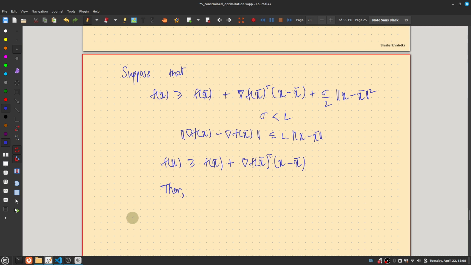So if it is sigma strongly convex for some sigma strictly less than L, then you can show that the number of steps required to get epsilon close is some constant. I don't remember the exact parameters, the dependence on L, D and sigma, but the dependence on epsilon is log 1 over epsilon, not even 1 over square root of epsilon.